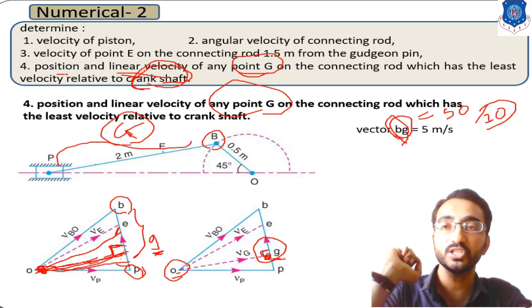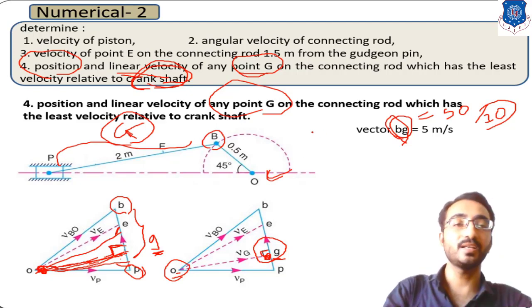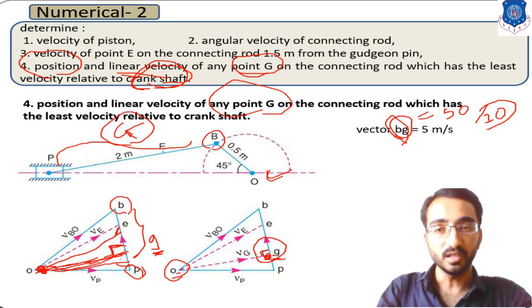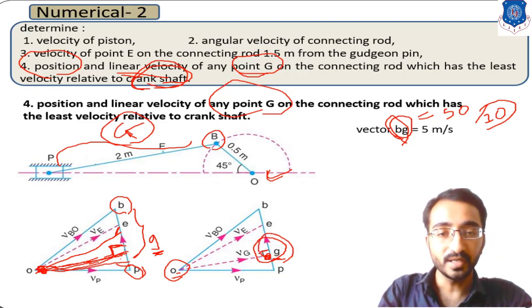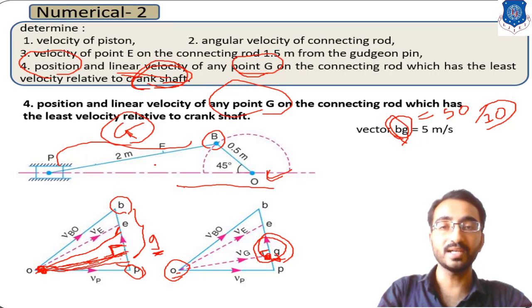Okay, now the position of this G point on your final configuration diagram. So how can you calculate the position? Now you have to plot this point G on your position or configuration diagram. Okay, so now in the configuration diagram, the procedure will be reversed.